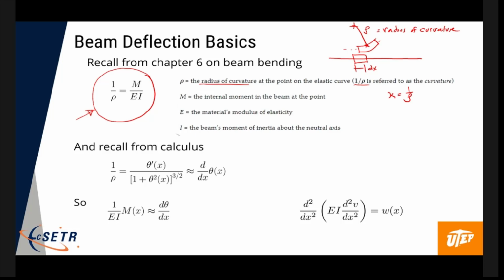We also had from that the strain itself was minus y over rho.